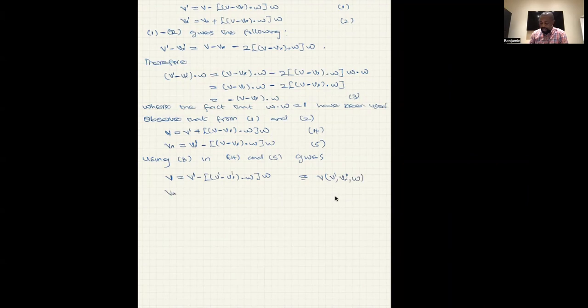While V star is equal to V star prime plus V prime minus V star prime dot omega times omega, which is equivalent to V star that depends on V prime, V star prime, and omega.